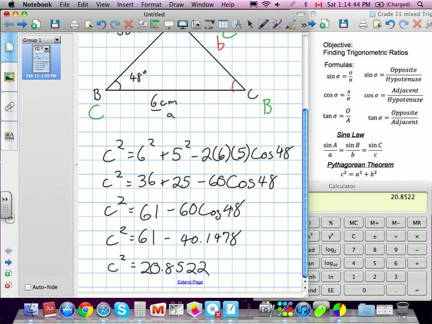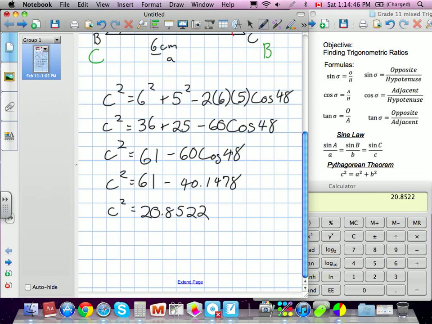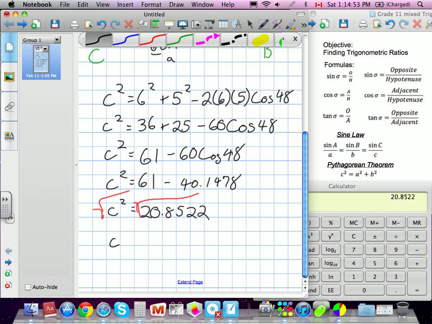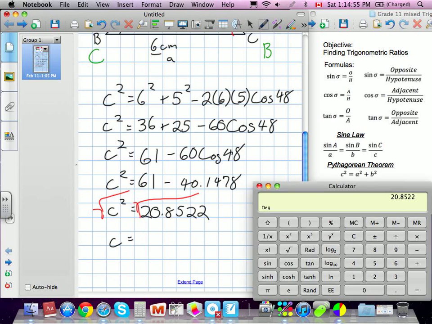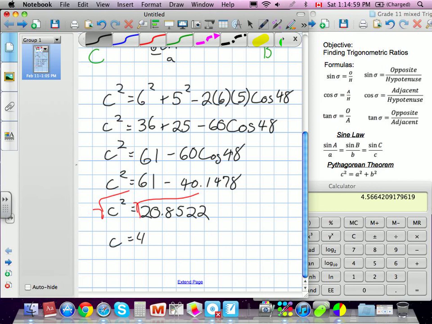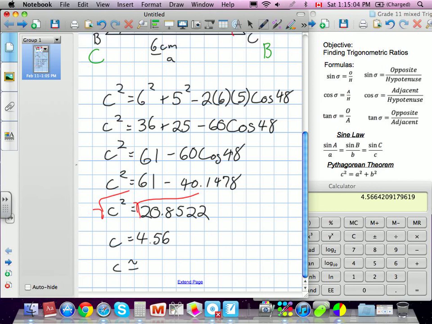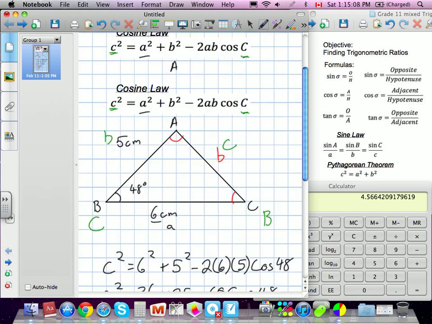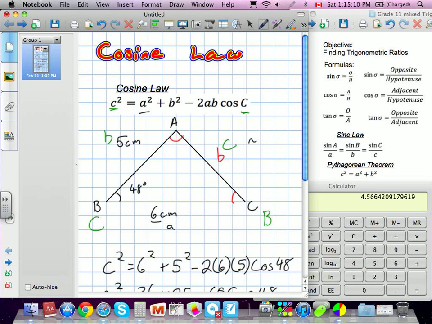And then what do I do to get c by itself? That's right. We've got to square root both sides of this equation. So we get c is equal to the square root of this number, which is 4.56. So let's say it's approximately 4.5. In terms of what they got, when we go back up here, side C is approximately 4.5 centimeters.